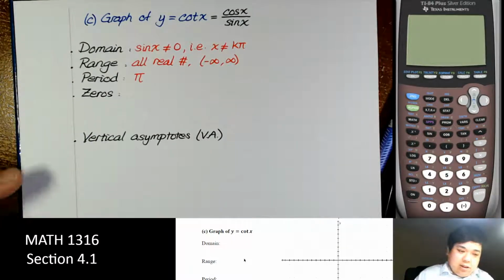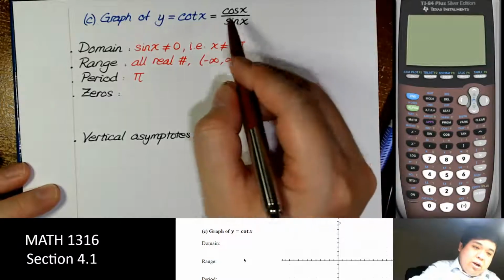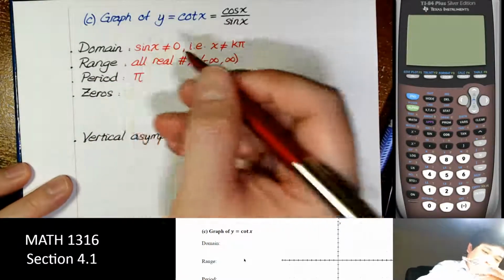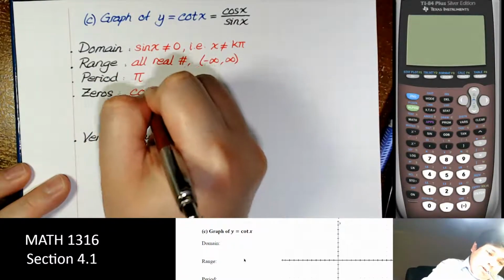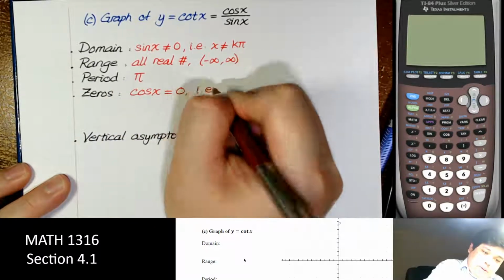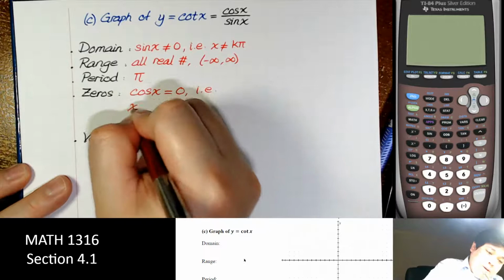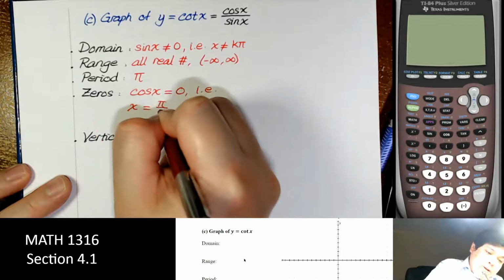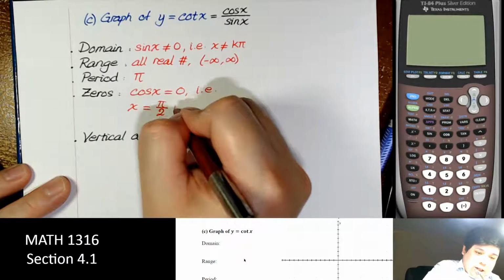Zeros. Zero is where the top is equal to 0, meaning that x is equal to pi over 2 plus k pi.